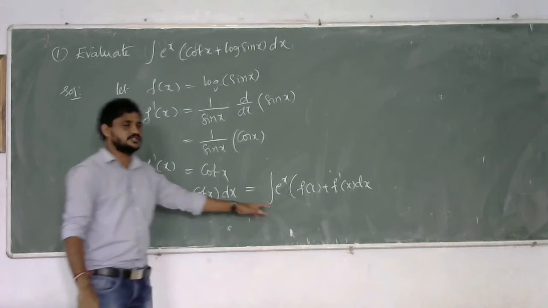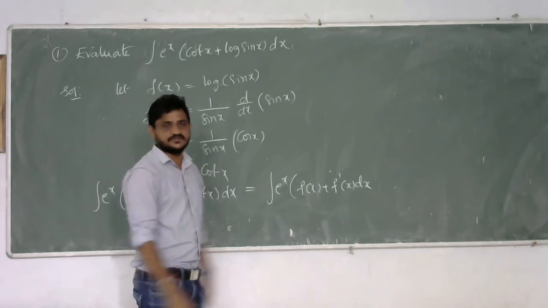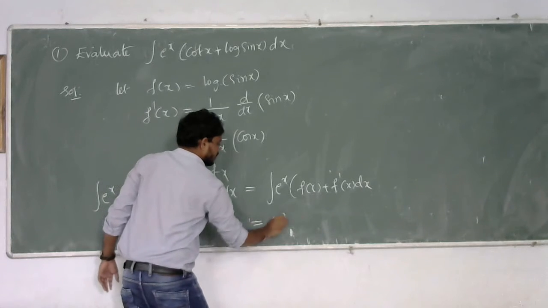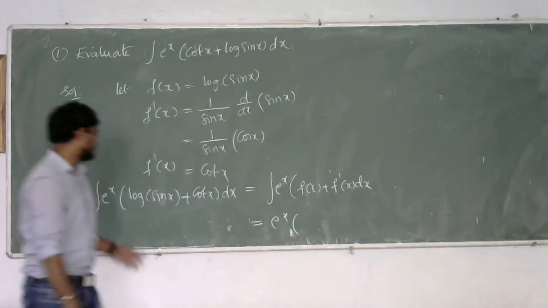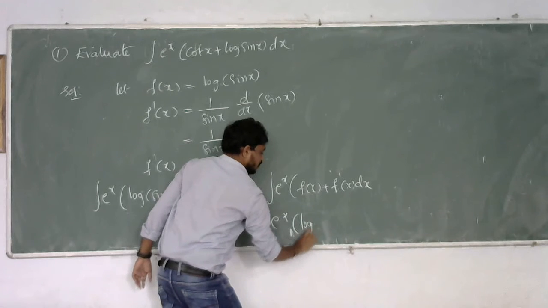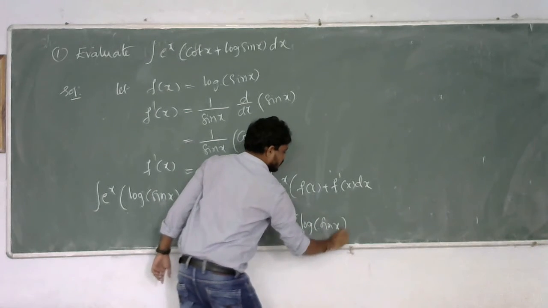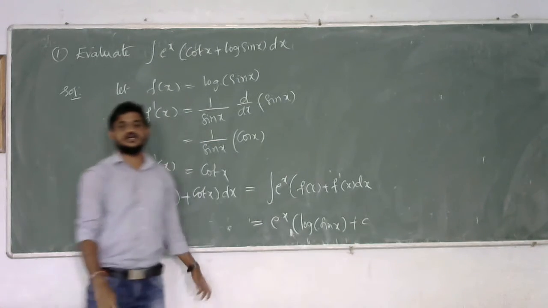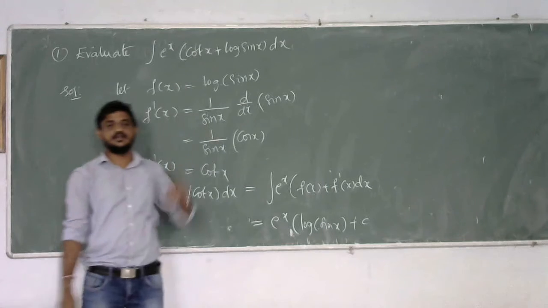So what is the solution? E power of x into f of x will be the solution. What is f of x here? Log sin x. So e power of x into log sin x plus c. That is the solution for the given integral.